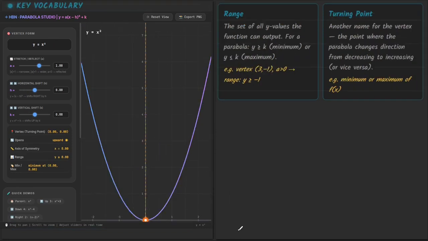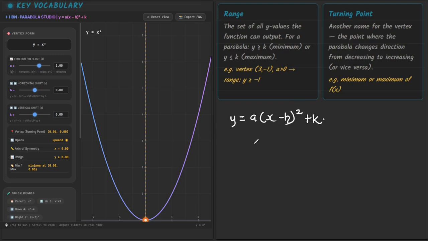Now, the next term we need to consider is what we call the range. So the range is simply the set of all the y values the function can output. So for a parabola, y is greater than k when it is a minimum function, and y is less than k when it's a maximum function. So we said we can rewrite our function as y equals a into bracket x minus h all squared plus k.